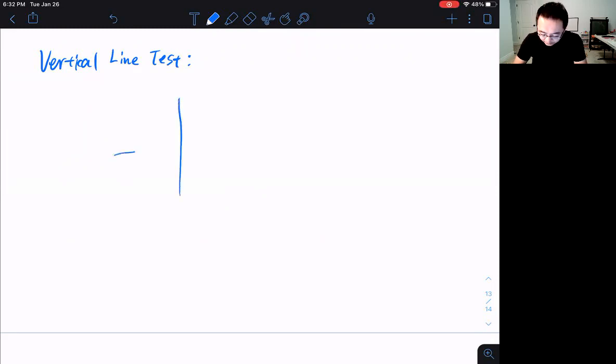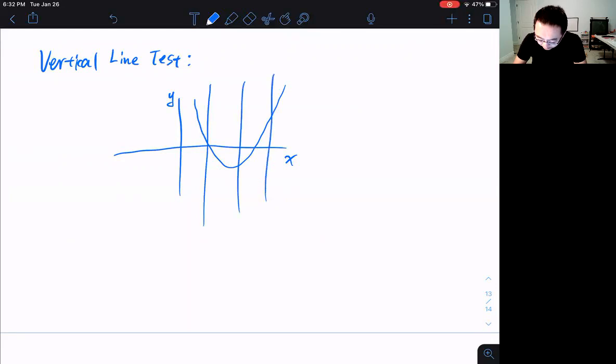For example, if you have your graph like this, and this is your plane, and then you have a graph that does something like this, you can draw any vertical line. You can see that each vertical line only intersects with the graph you have drawn at one point. This tells you it is indeed representing a function.